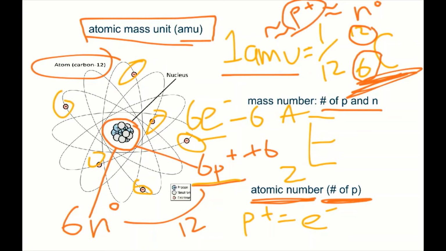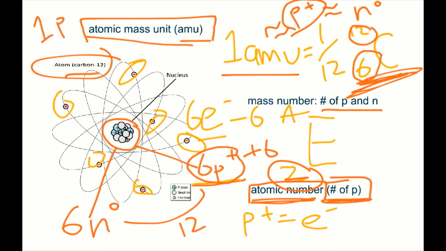So, in other words, the atomic number, or the number of protons, determines what type of element you are. So, for example, if you have 6 protons, you will always be called carbon. And another example is that if you have 1 proton in an atom, you will always be called a hydrogen atom.